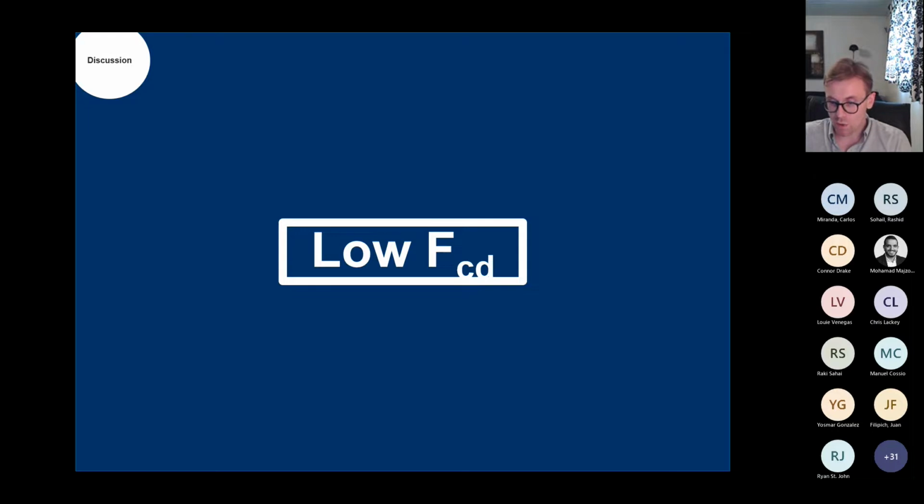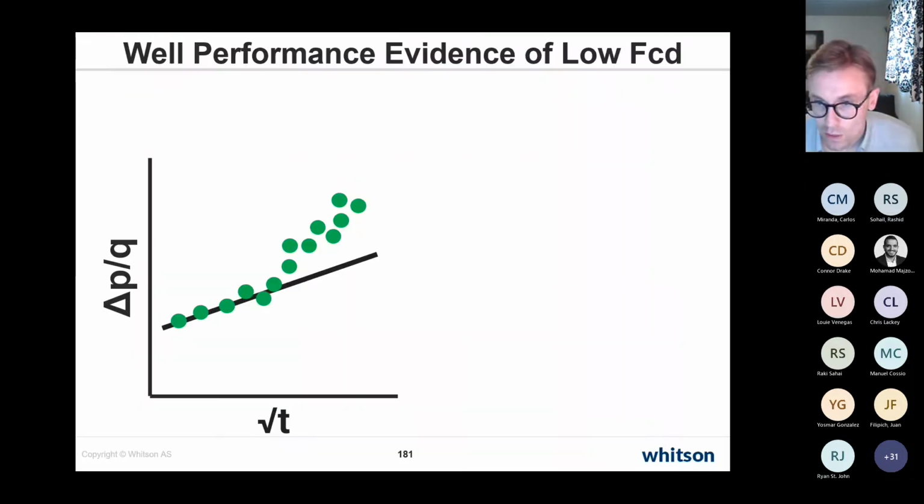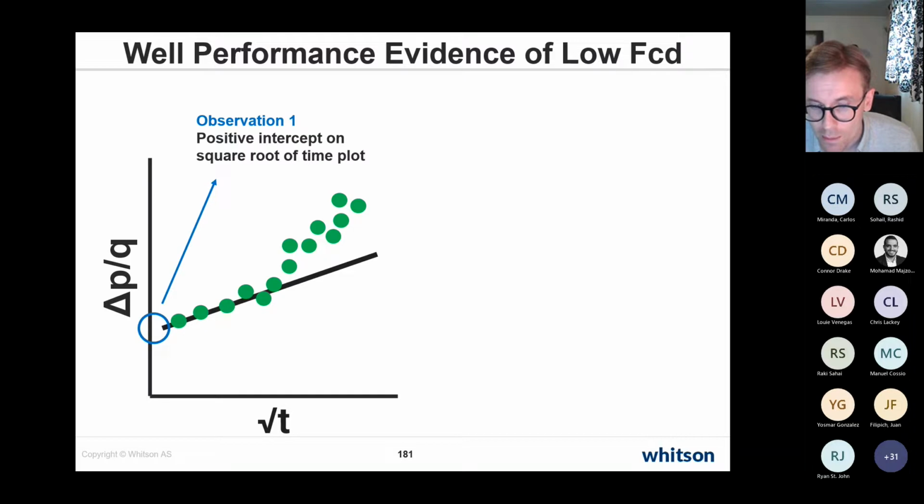I'll be super interested in hearing a few of the thoughts from you all in the audience as well. But there are two things that I always look for. The first thing is if you plot the square root of time plot, like what we see here, and you have a very positive intercept on the square root of time plot.